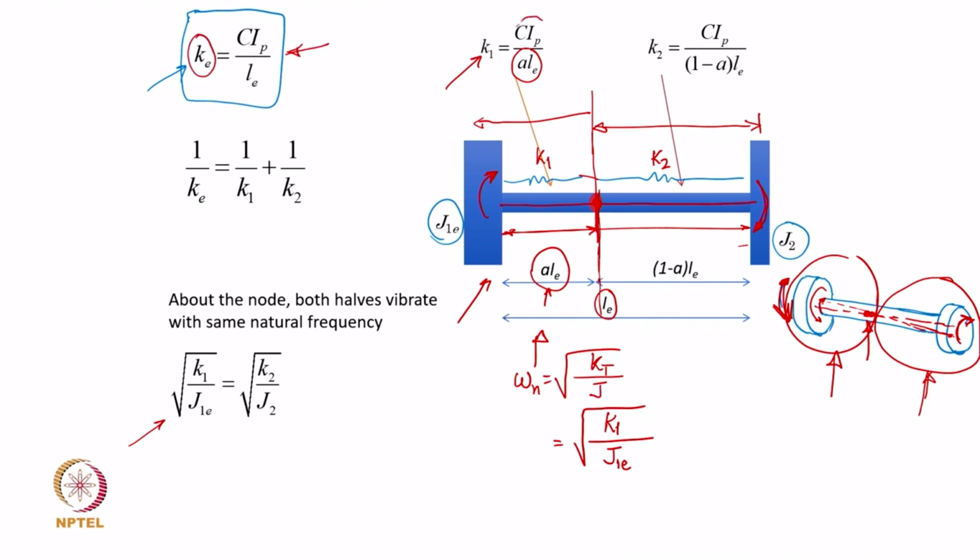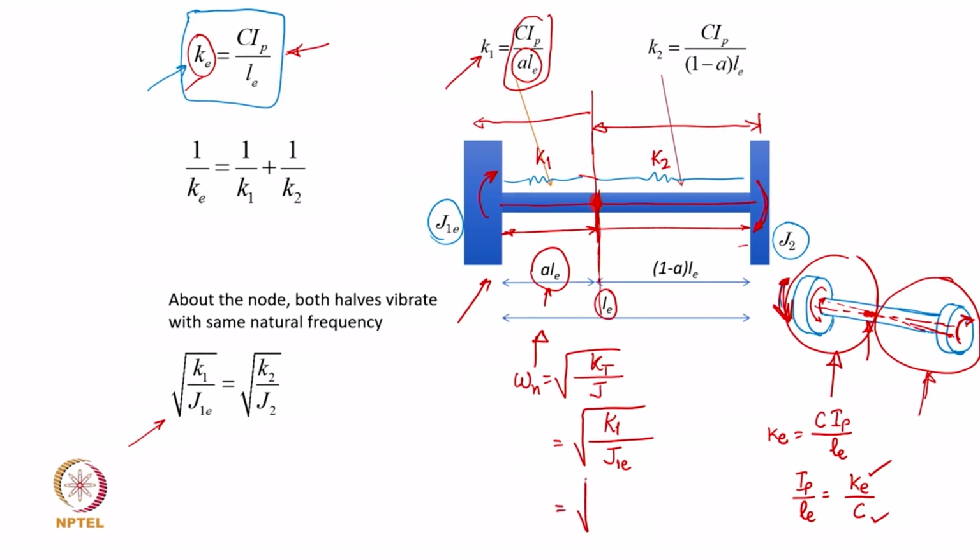So, what we can say is KE, which is CIP over LE, is known. So, I can use IP over LE as Ke over C. Now, Ke is known, C is the material constant, so I know the ratio IP over Le.